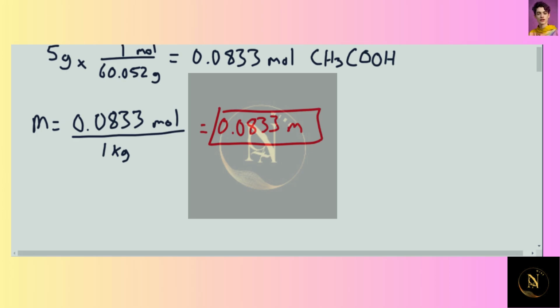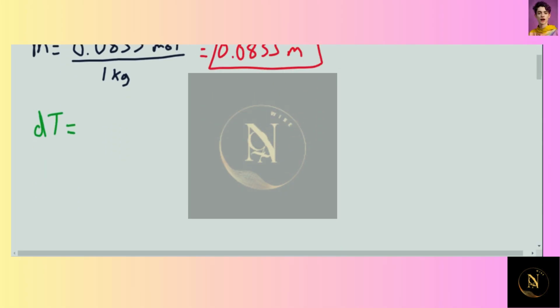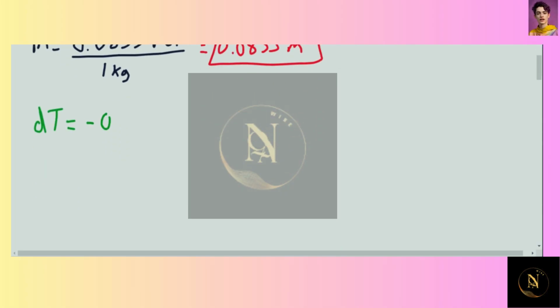And then we calculate dT, or we're given in the problem that dT is negative 0.159, again multiplied by i, m, and Kf.